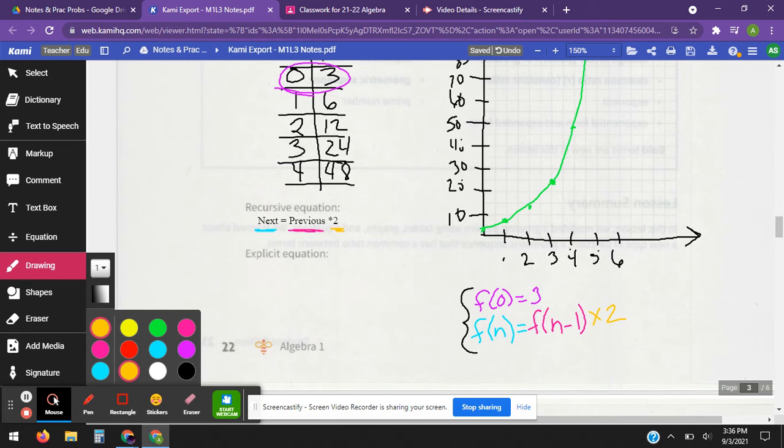So here's how we get all the pieces to this type of equation. So if I were to put in a 1, just going to do one of these down below. So f of 1 should equal f of 1 minus 1, which is f of 0, times 2.